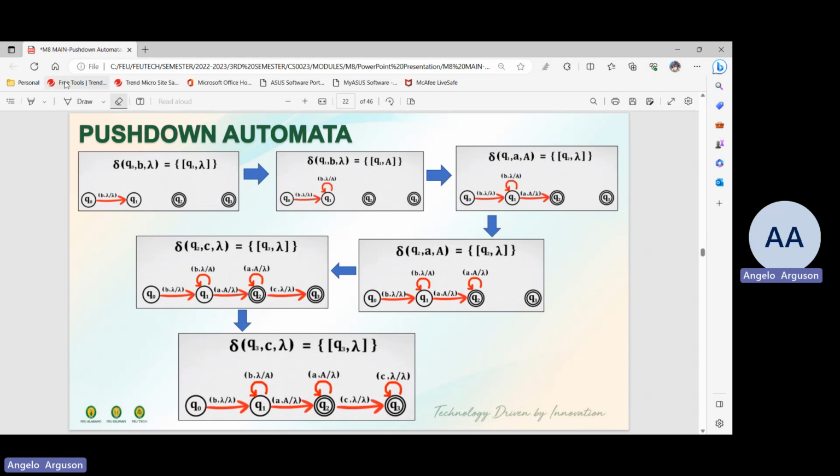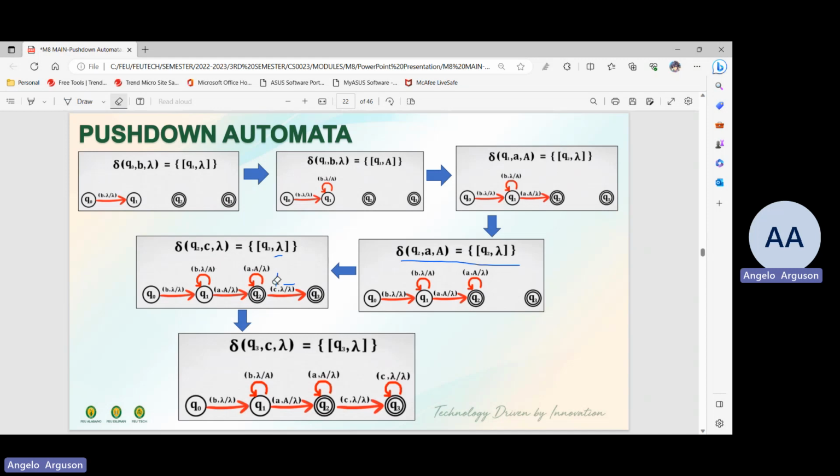We have an input symbol of C, and the stack is empty and pushing nothing. So we'll have C and nothing. Next is the other transition, but I was able to skip one of the diagrams.